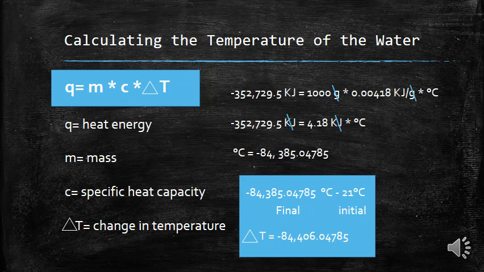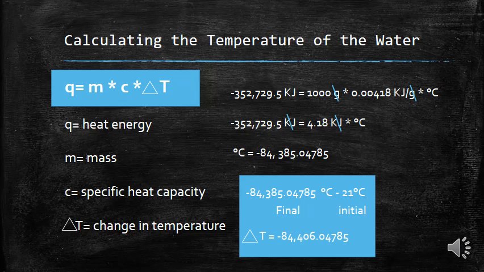And now we are solving for the change in temperature. So in order to do that, you take the final temperature of the water minus the initial temperature of the water. So if the final temperature, which we just solved for, is negative 84,000, we subtract 21 degrees Celsius because that is what the temperature of the water was before. So once you do that, the change in temperature is negative 84,406.04785.